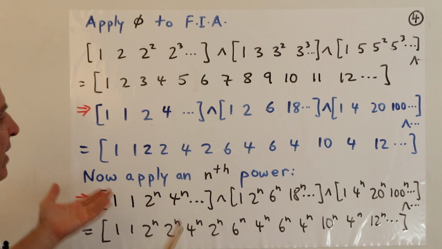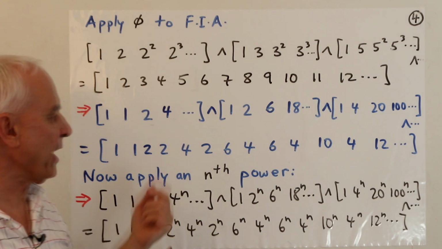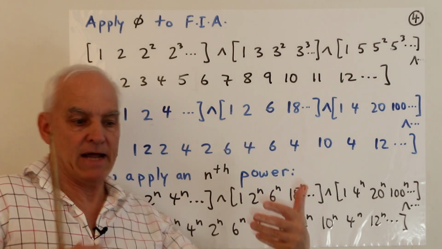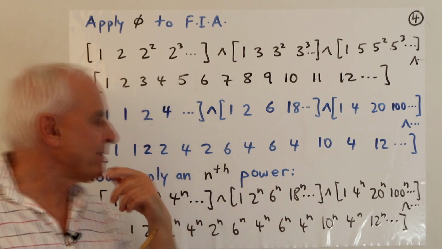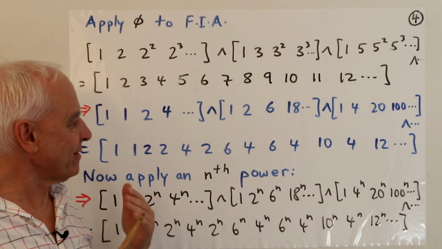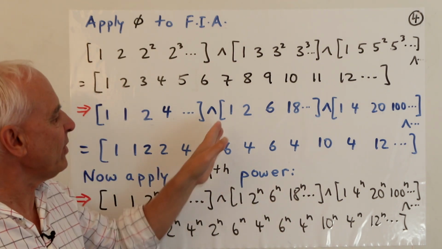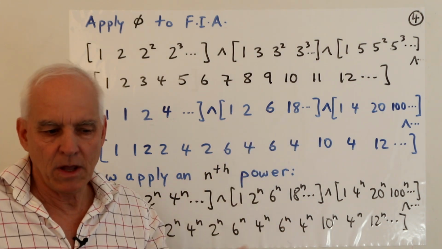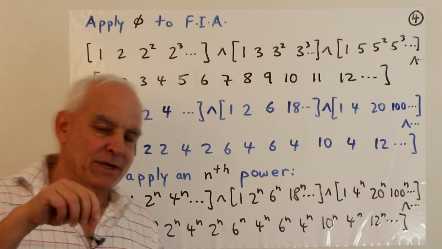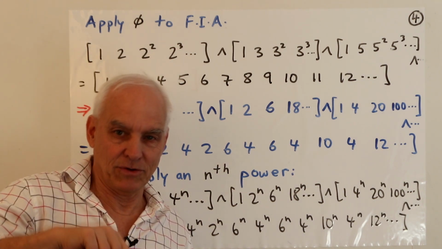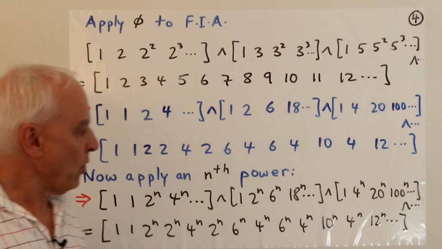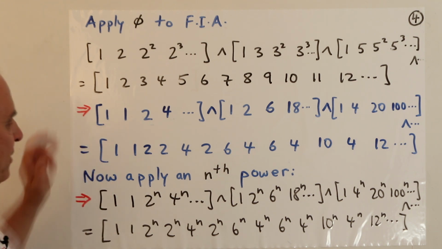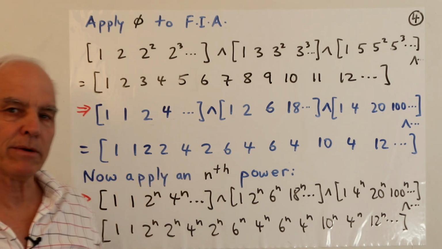Okay, so that's cool. So we have an identity, and we could apply the sum operation, okay? But on the face of it, that's not perhaps immediately interesting because we sort of see that these sums appear like they're all going to be divergent. But what we can do is we can go back and do exactly the same kind of thing that we did to the zeta function story. We could take this identity and say apply an nth power.